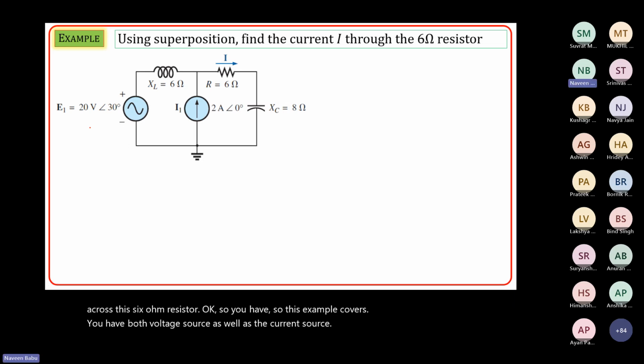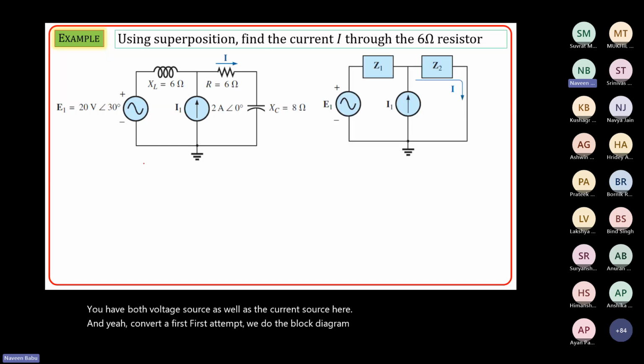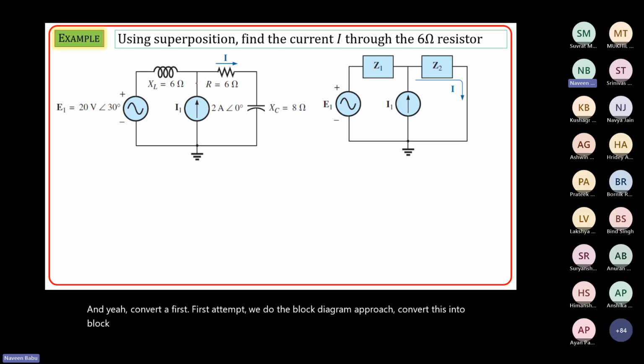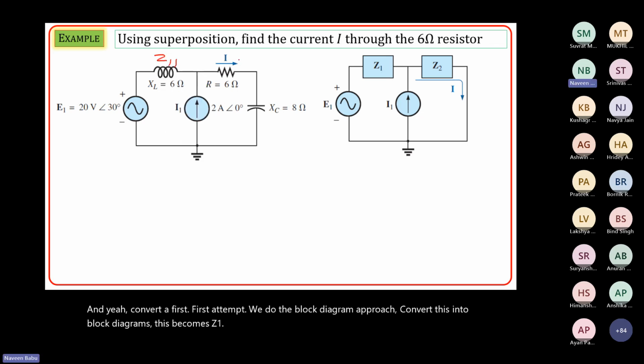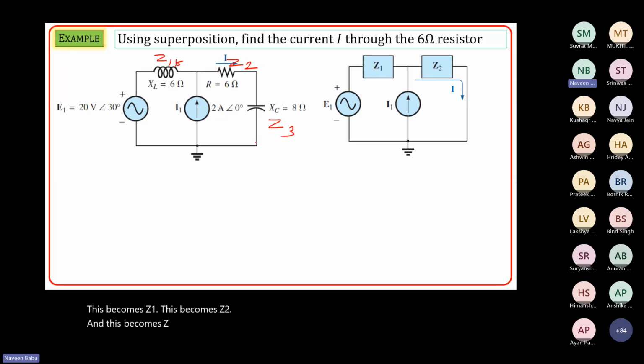First, we do the block diagram approach. Convert this into block diagrams. This becomes Z1, this becomes Z2, and this becomes Z3.